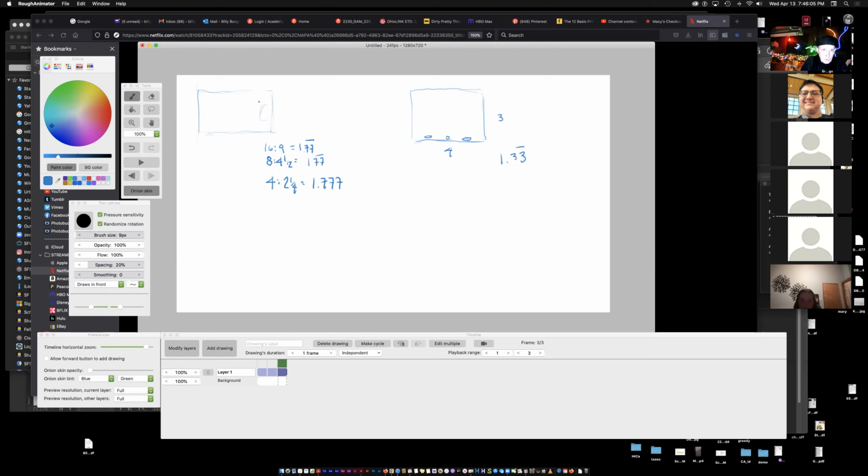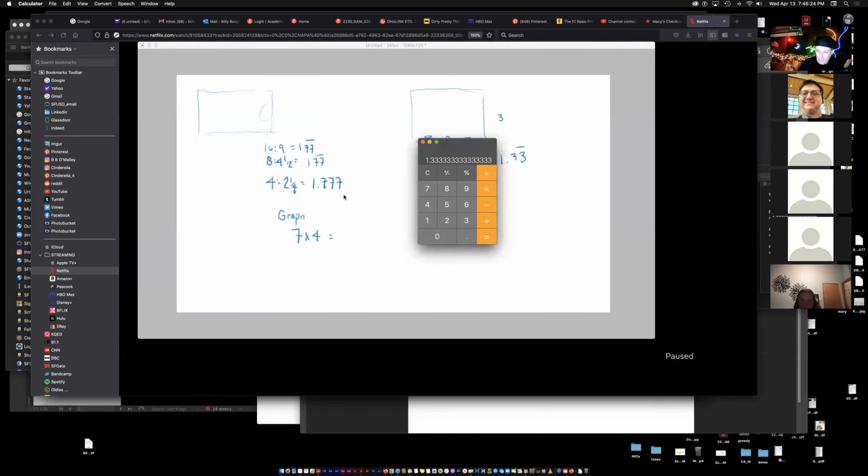All right, when you're doing these thumbnails, remember that if you're using graph paper, 7 squares by 4 squares is really close to this ratio. 7 divided by 4 equals 1.75.